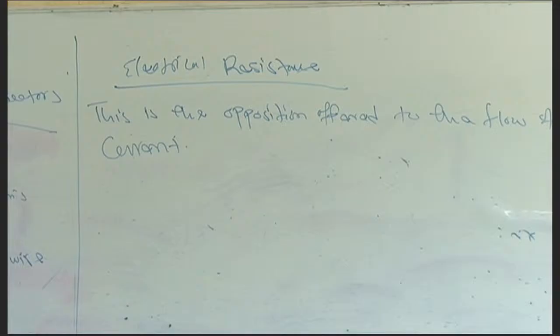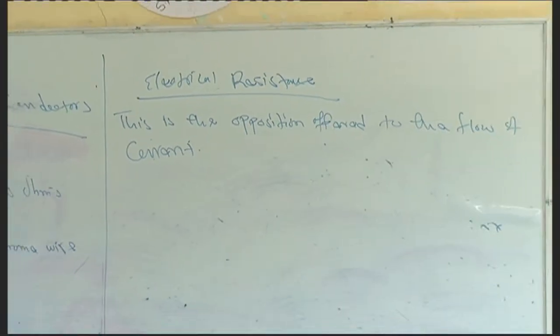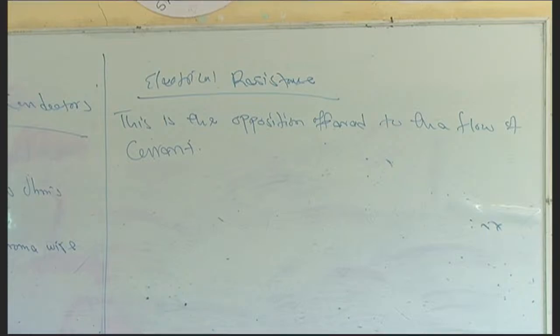Sometimes when current tries to flow, it may face some opposition, and therefore its movement may be impeded and it may not flow as required.